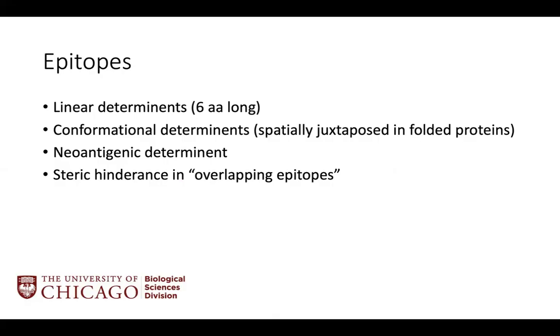Linear determinants are about 6 amino acids long, and it's just how it sounds, 6 amino acids in a row. But then there are conformational determinants, and these are made only after the protein is folded, and it recognizes different pieces and different lines. So as soon as a protein is denatured, that determinant will go away.